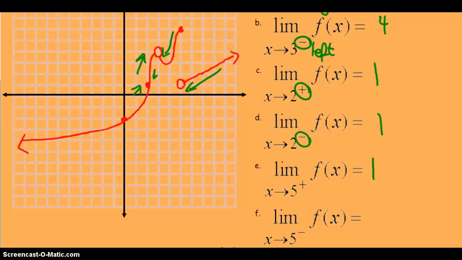As I approach from the left, it's approaching 6. So yes, the limit as I approach 5 does not exist. But as I approach from the right, it has a value of 1. As I approach from the left, it has a value of 6. If I asked you not the limit, but the value at 5, I would say 6 because that's the one that's filled in. Okay, hope that makes sense.